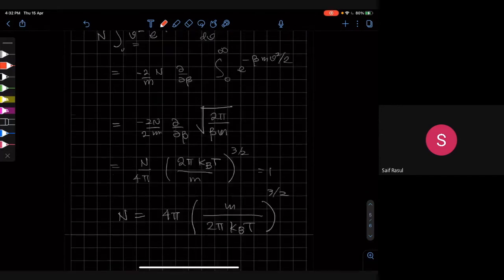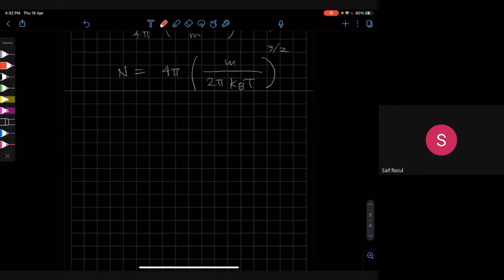So let me just draw some pictures of the Maxwell-Boltzmann distribution. Here on the x-axis, we have the speed, and on the y-axis, we have the probability density. And of course, this is going to be a function of temperature.